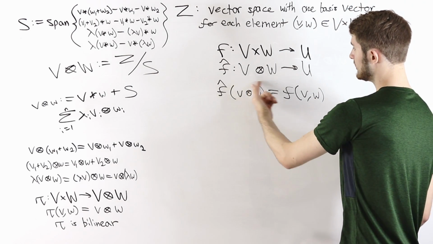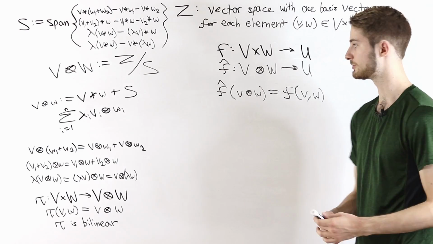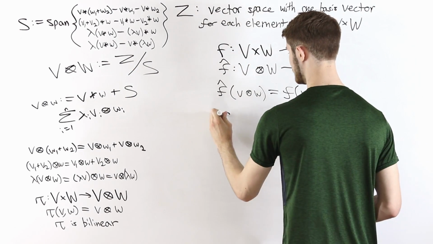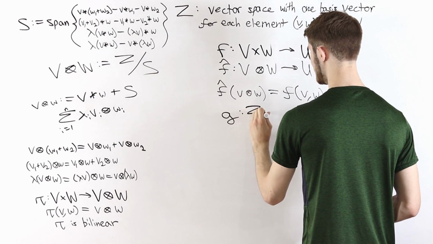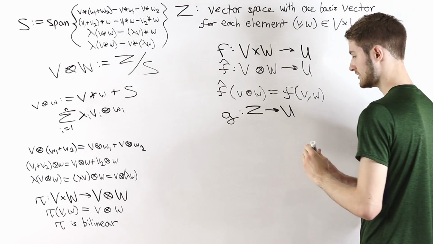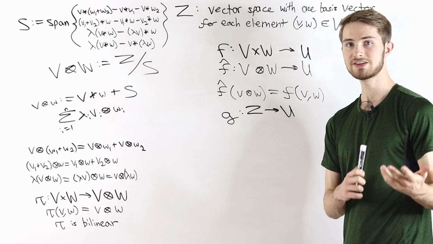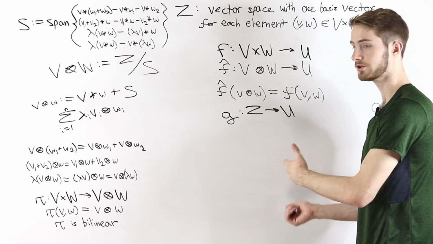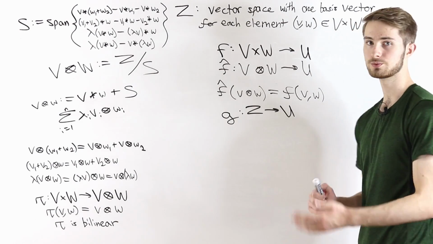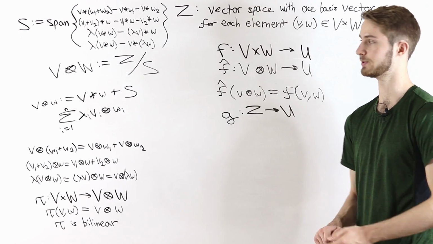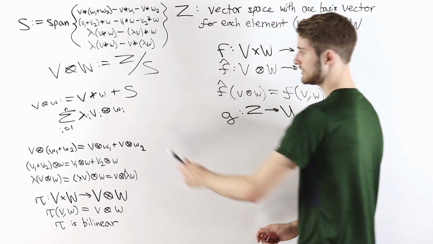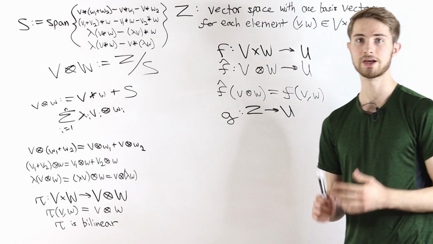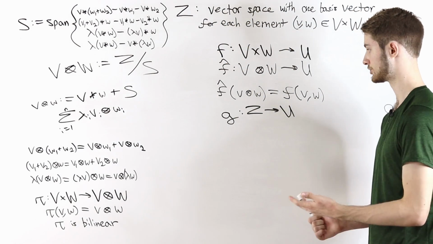Instead of starting by defining a function on the tensor product, we instead start with this original space Z. So we want to define a function g that goes from Z to U. Because Z is just an ordinary vector space, it's not a quotient, we're not looking at cosets, we don't have to worry about whether functions on g are well defined. We can just write the definition in terms of these basis vectors v star w, and we're going to get a well-defined function for sure.